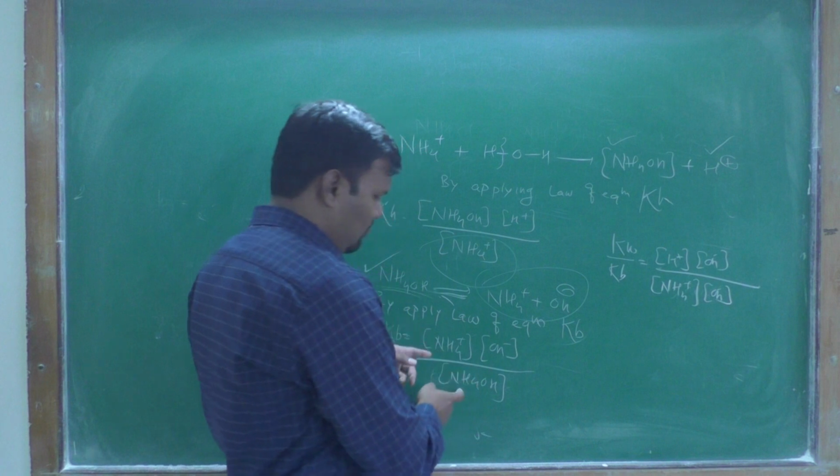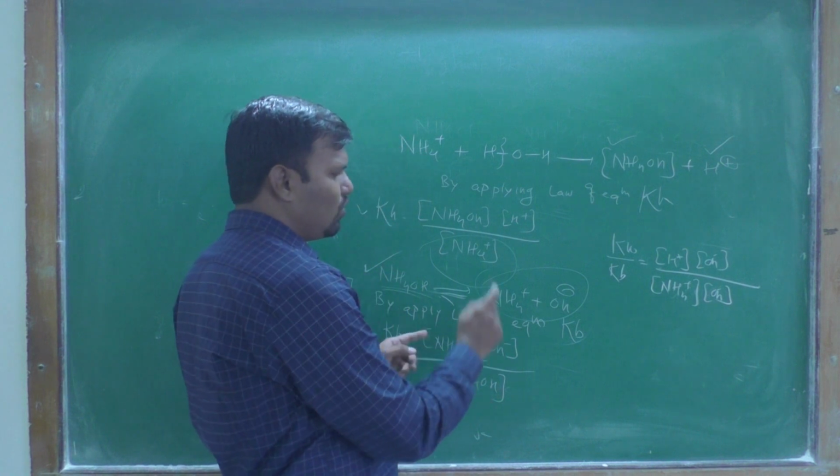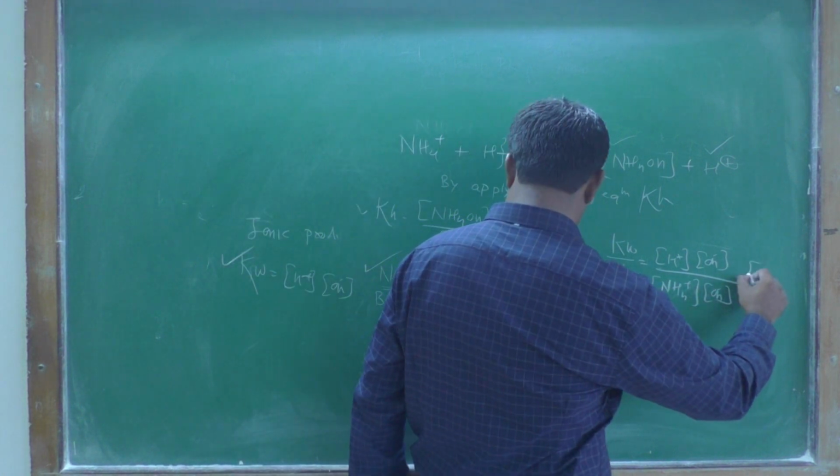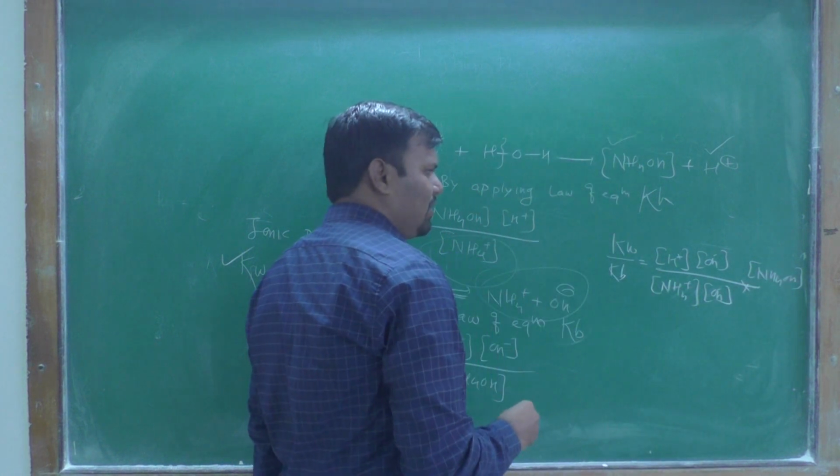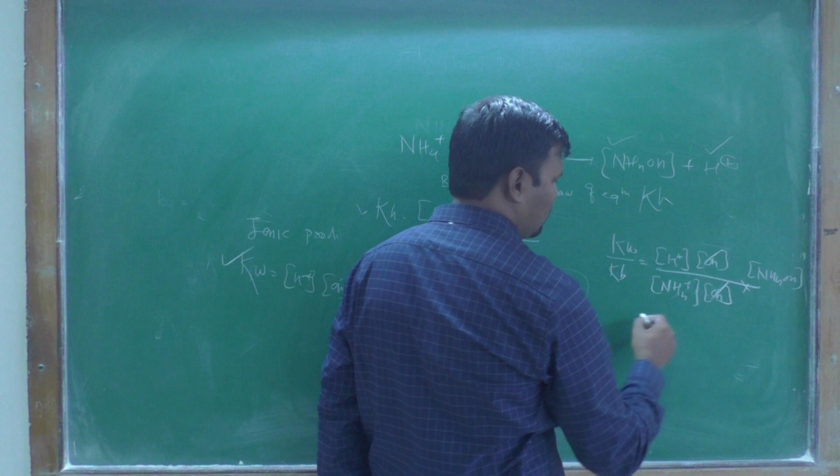This is multiplied by NH4 plus and OH minus upon NH4OH, and the common terms cancel, including OH minus.